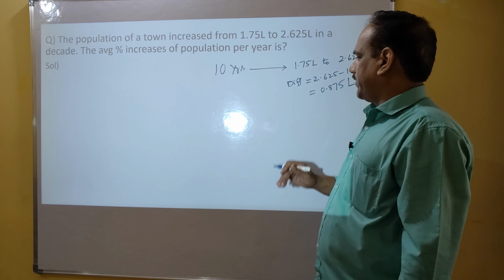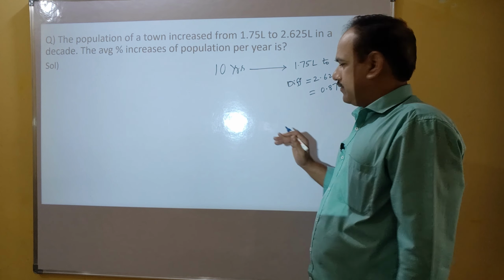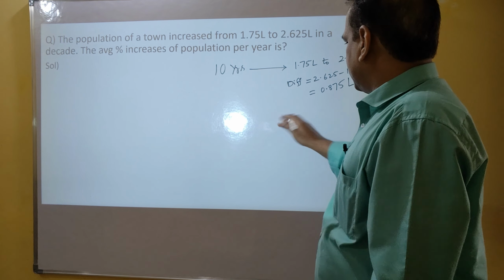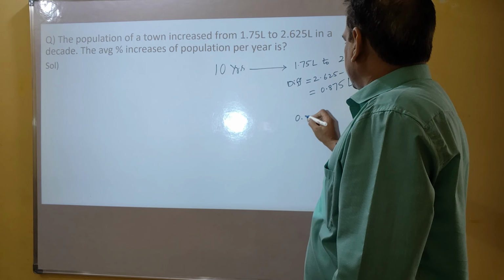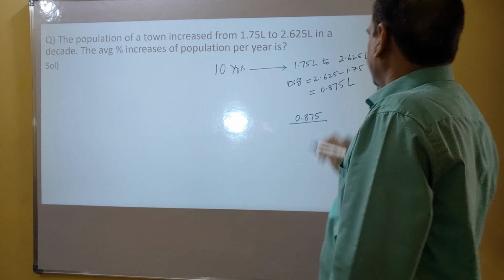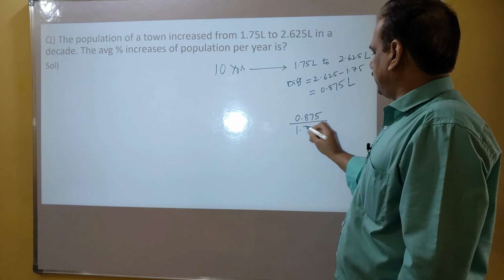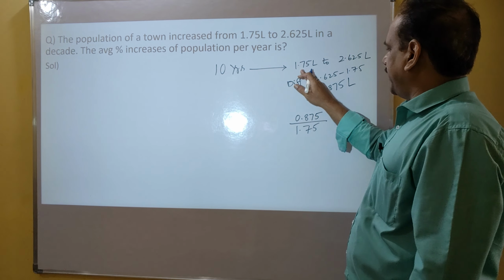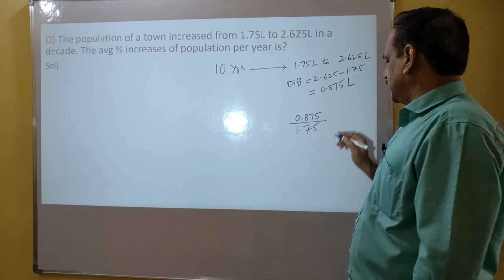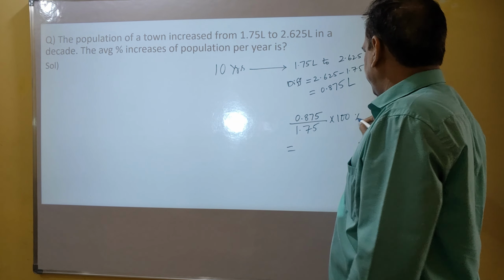So the average percentage increase of population per year. Let us find first the percentage of increase for all 10 years. So how do you get it? It is the population increased in 10 years divided by the original population. With respect to the original population, how much it increased, into 100. So this is the percentage.